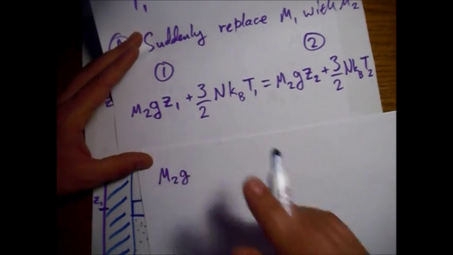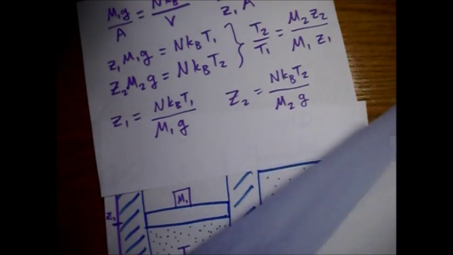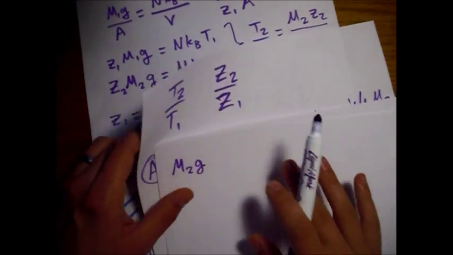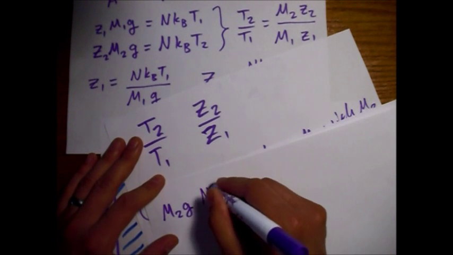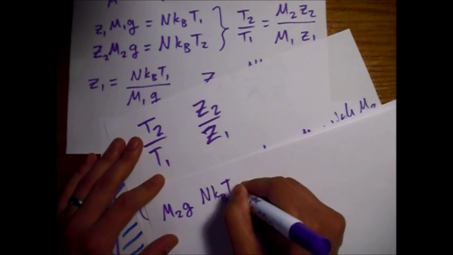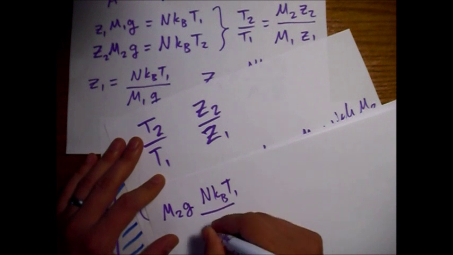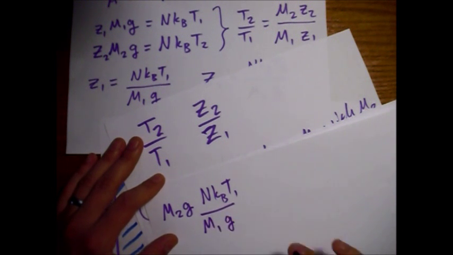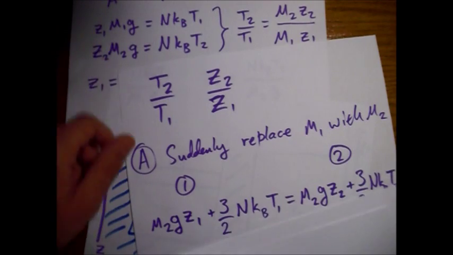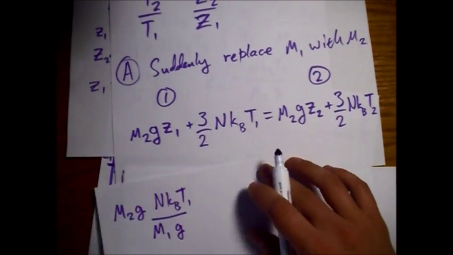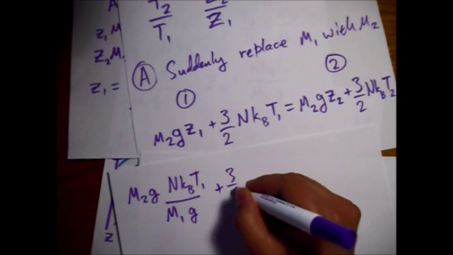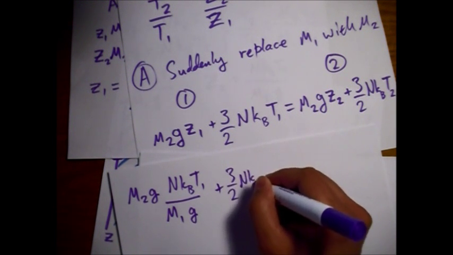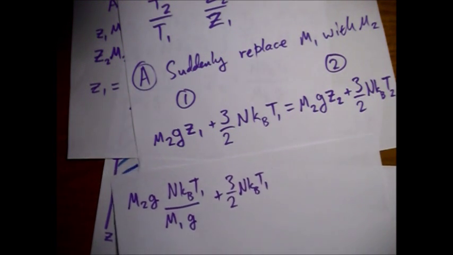Now we need to plug in our Z1, which we found right here: N kBT1 divided by M1G. Now we put in this term, 3 halves N kBT1.